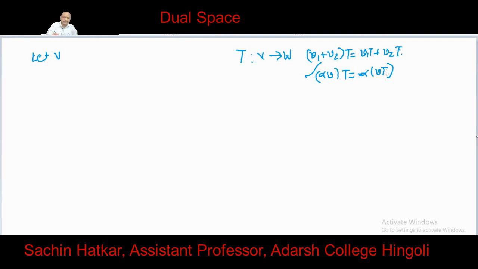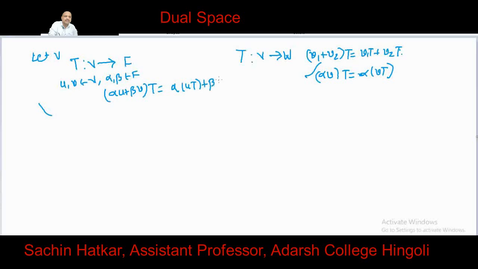Now, if T is a mapping from vector space V into F which satisfies these two conditions, T of V1 plus V2 equals T of V1 plus T of V2 and T of alpha V equals alpha times T of V, or combinedly, for U, V belonging to capital V, alpha, beta belonging to capital F, T of alpha U plus beta V equals alpha times T of U plus beta times T of V. This is similar to the condition of homomorphism.